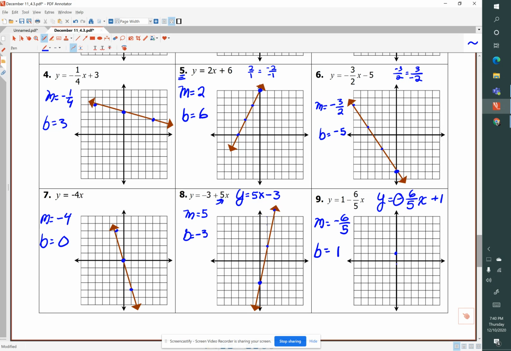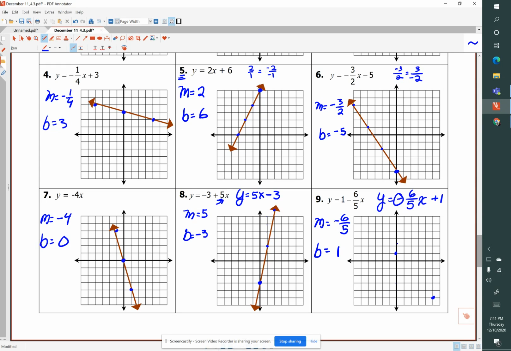So we can go down 6, 1, 2, 3, 4, 5, 6, and to the right 5. That's only 1. I have to go 4 more to the right: 1, 2, 3, 4, 5. There we go.